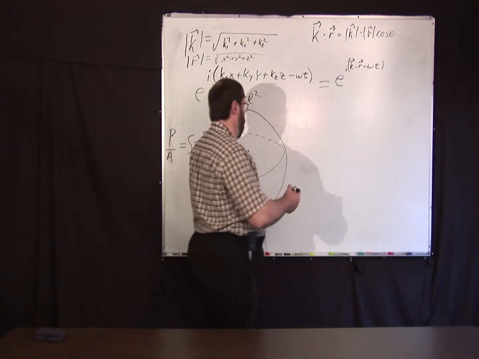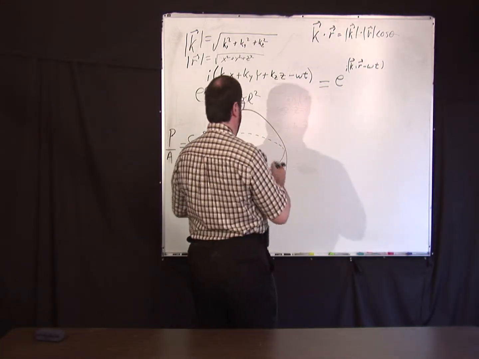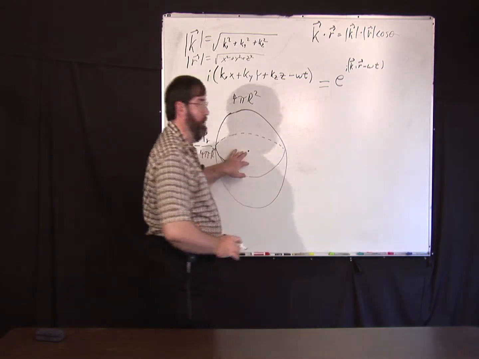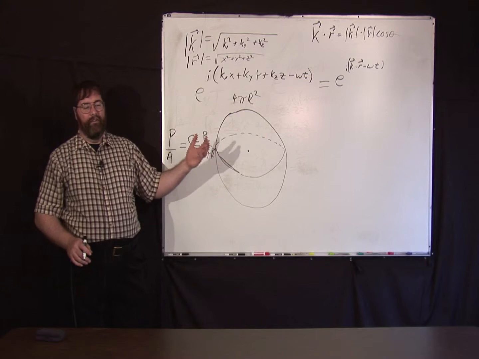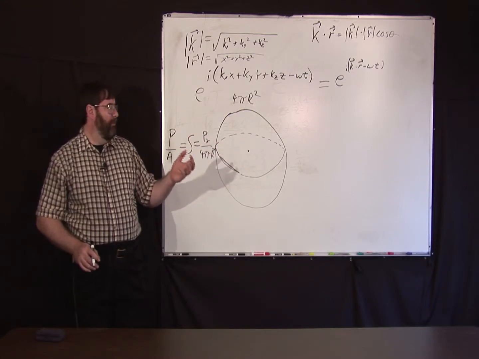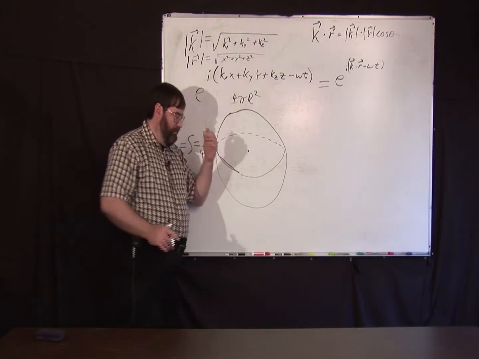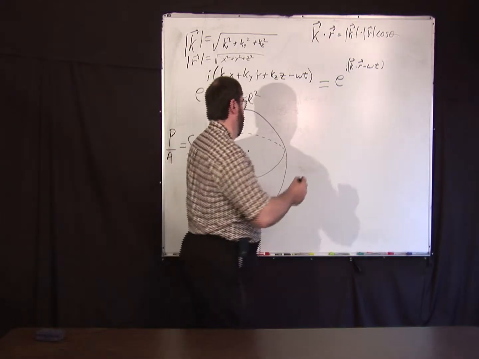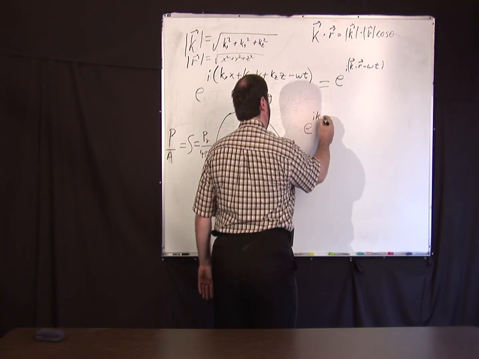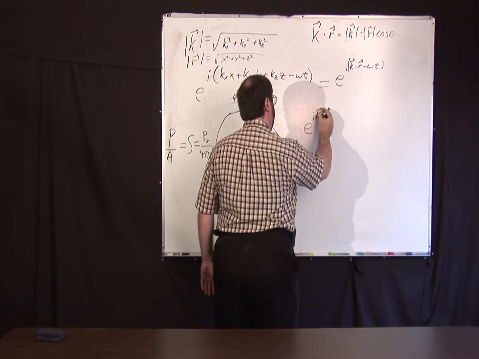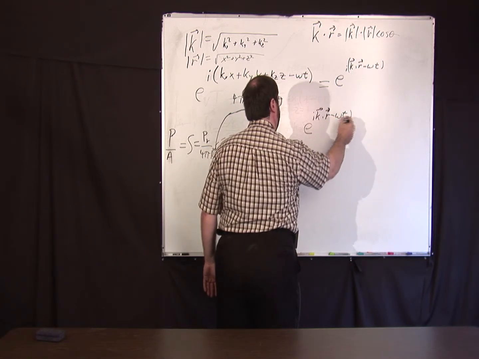So the electric field, or maybe even this could also be true of a sound field if you were talking about an acoustic isotropic radiator, the radiated form of this is going to be, this is what the phase looks like, e to the i (k dot r minus omega t).